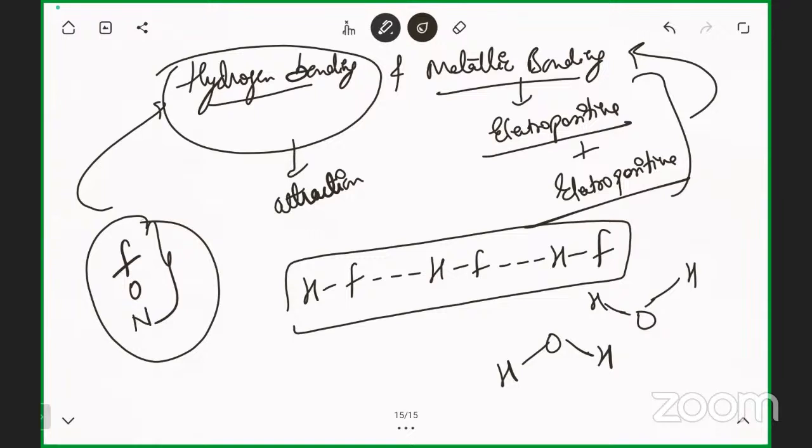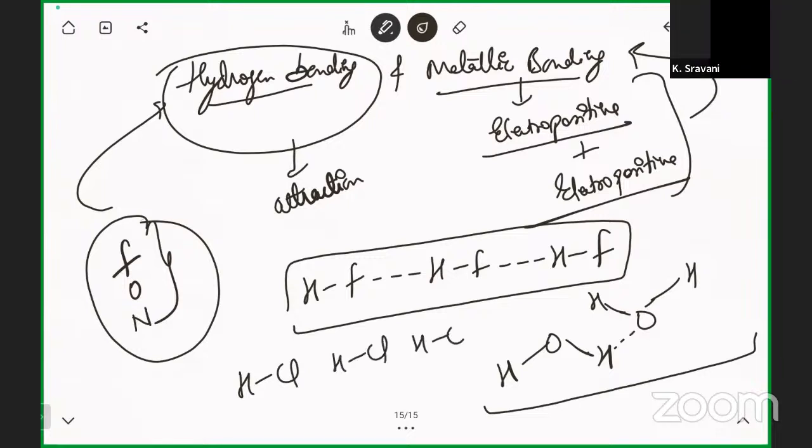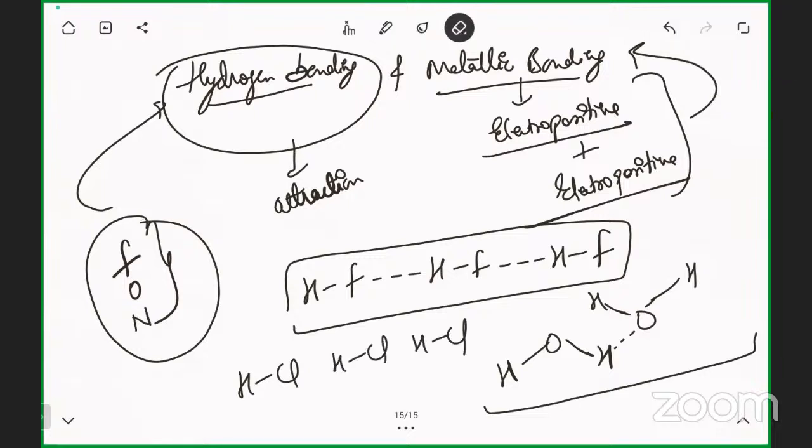Will this water molecule show hydrogen bonding? Yes, because oxygen is present, so oxygen will be attracted by the other hydrogen atom. What about HCl? No, because it doesn't have fluorine, oxygen, or nitrogen.